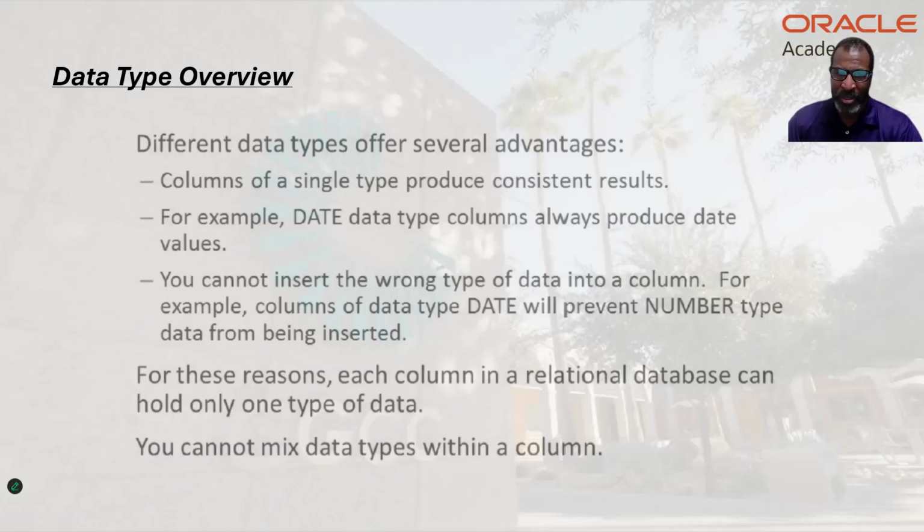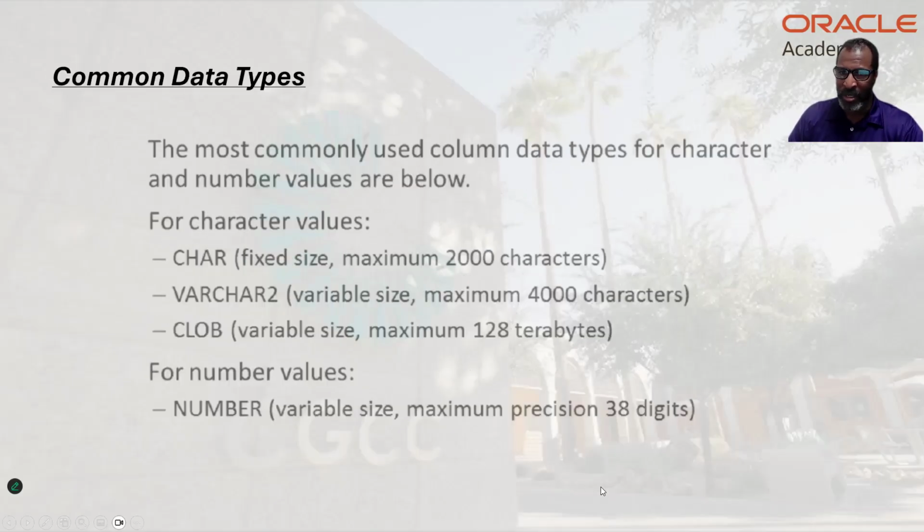Columns of a single type produce consistent results, which is why we have it that way. So in a nutshell, we want to make sure that our columns, when we create our tables, are consistent with the data that we want to store in that column. And no, you cannot mix data types within a column. You get an error mixing data types.